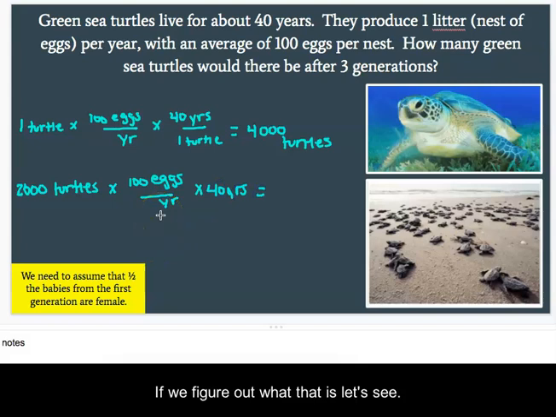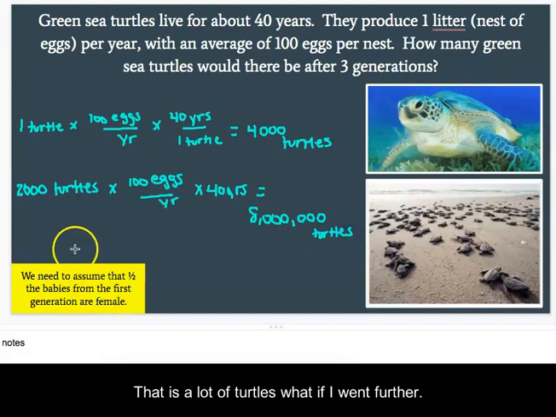If we figure out what that is, let's see. You would take 2,000 times 100 times 40. So now we are up to 8 million turtles. That is a lot of turtles.